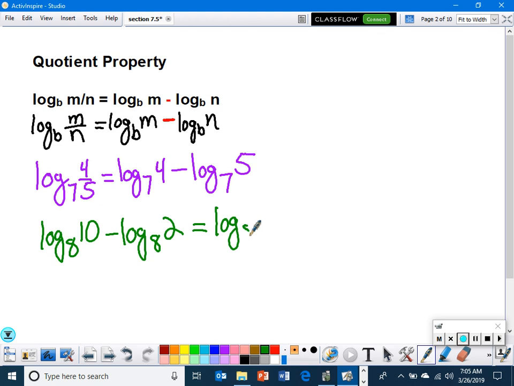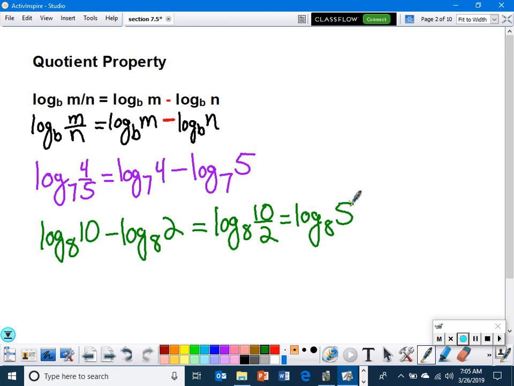So log base 8 of 10 over 2. Now that can be simplified a little bit further. 10 over 2 would be 5. So that's the same as saying log base 8 of 5. Again, if you didn't quite get that, rewatch that part. That is the quotient property.